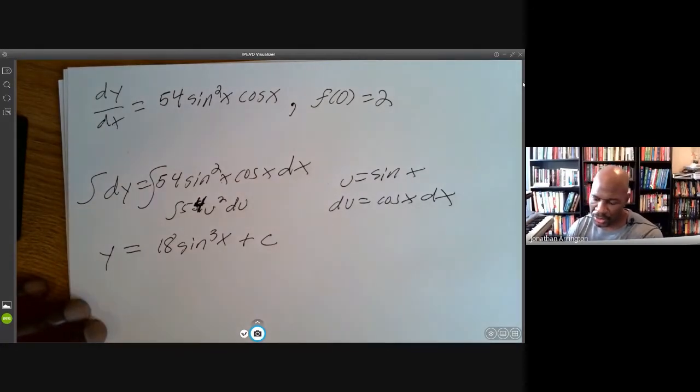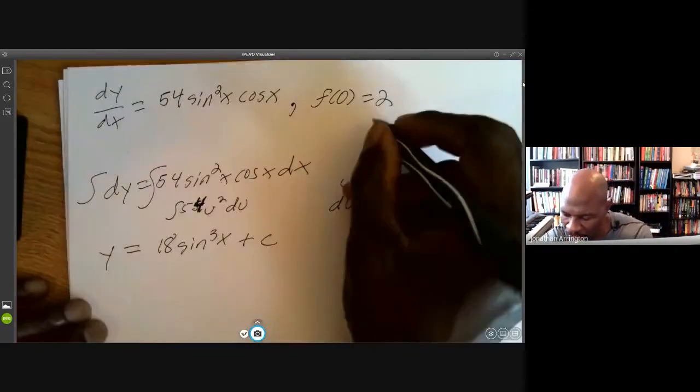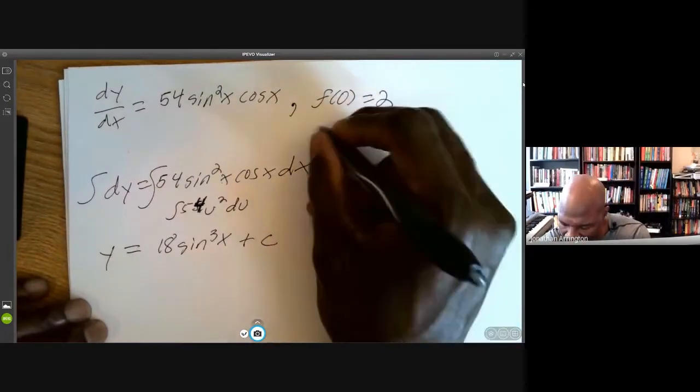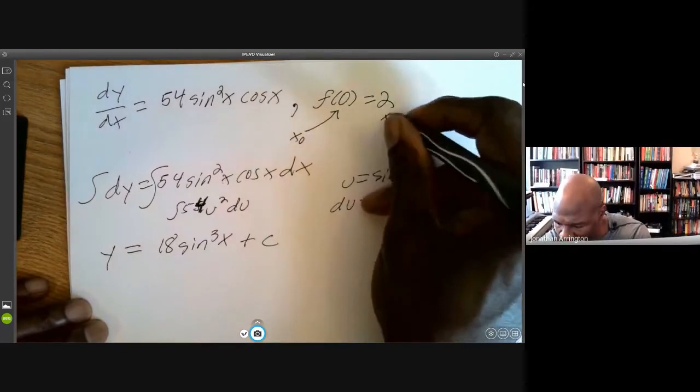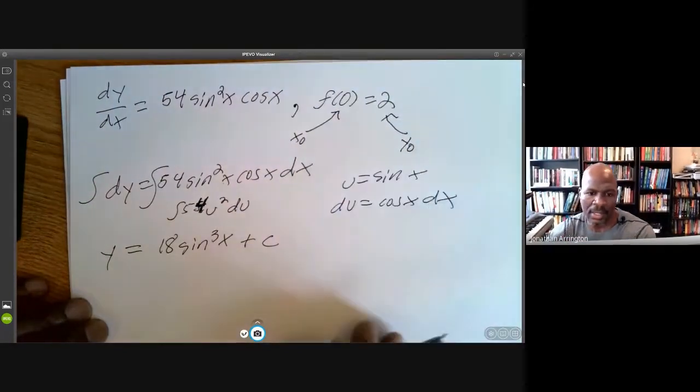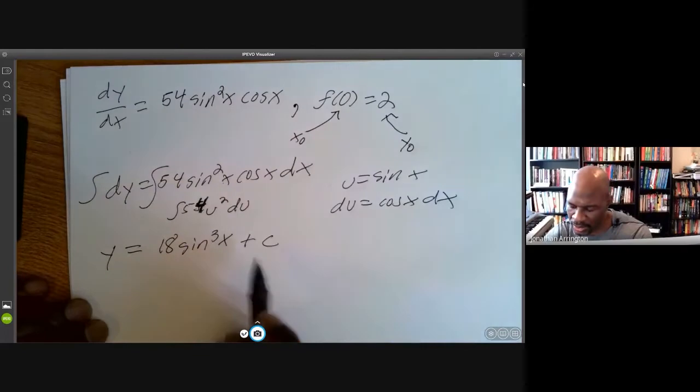Now we're going to use the initial condition to find the value of c. So the initial condition has this value we like to call x naught, and this value we like to call y naught. And so I'm going to plug in 0 for x and 2 for y.